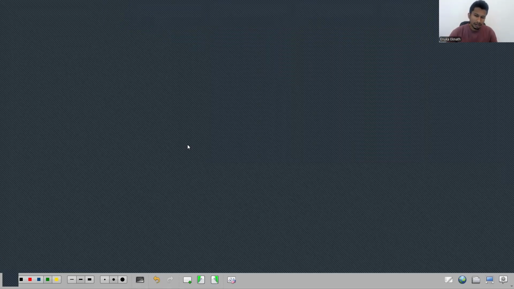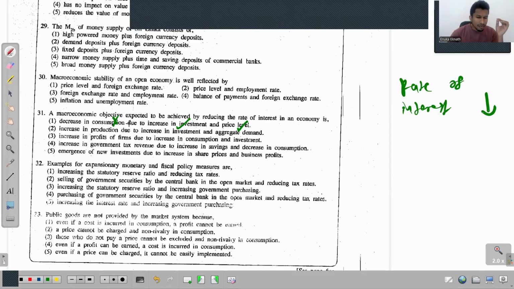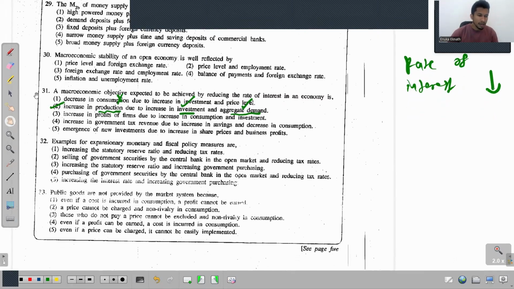So that is the answer. When the interest rate is reduced, consumption increases. When consumption increases, the aggregate demand increases. When aggregate demand increases, investment increases, and as a result, even the production will increase. So this is the correct answer for this question 31.